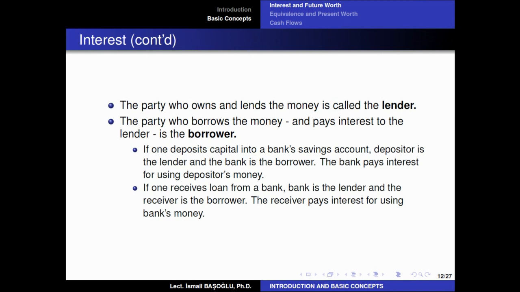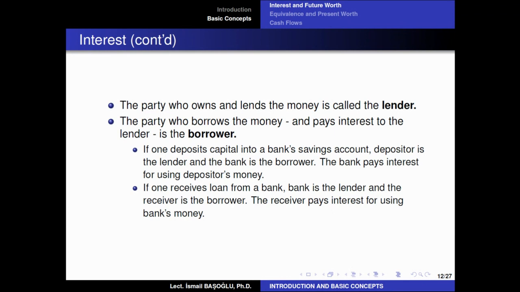Maybe they are going to lend some money to somebody else. Therefore, because they use your money at that time, they need to pay you some interest.